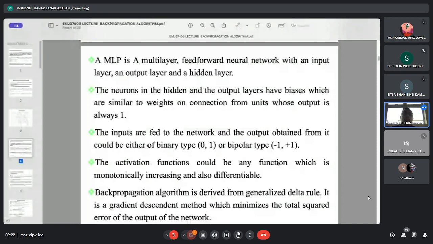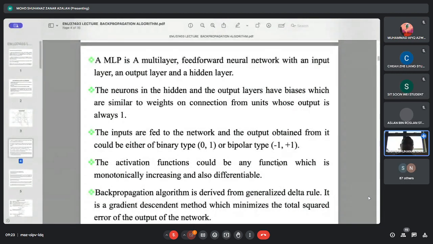Okay, and it also has a bias at the output layer, and the type of input is still the same. Either we need to have a binary type number or a bipolar type number. If binary it is 0 1, if bipolar it is -1 1.